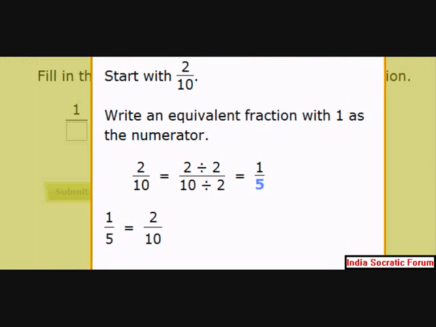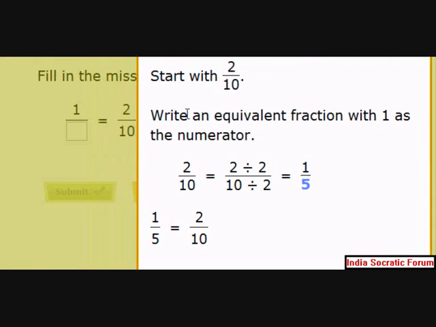How did we get there? Start with 2 by 10. Write an equivalent fraction with 1 as the numerator. So 2 divided by 2 is 1. So divide the denominator also by the same number. Therefore 10 divided by 2 is 5. 1 by 5 equals 2 by 10.